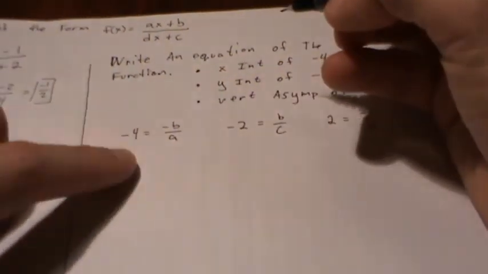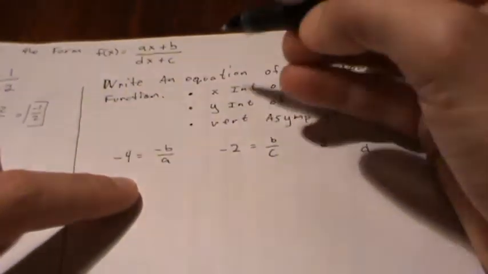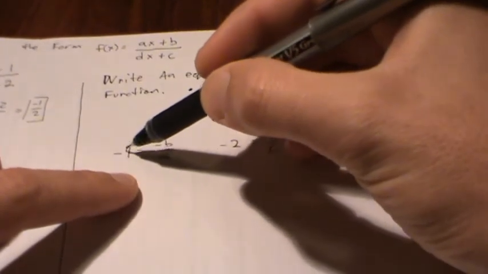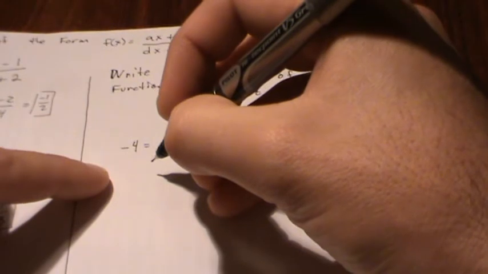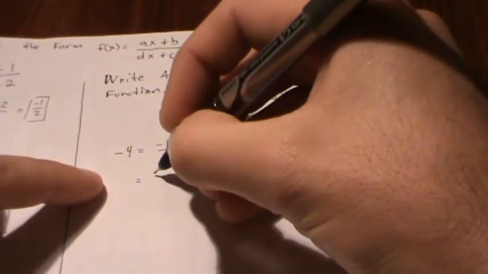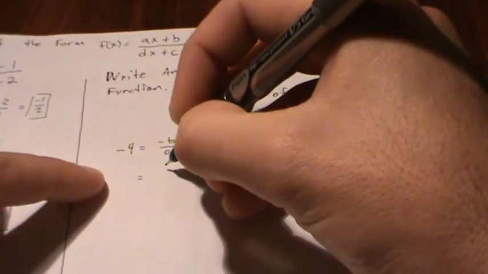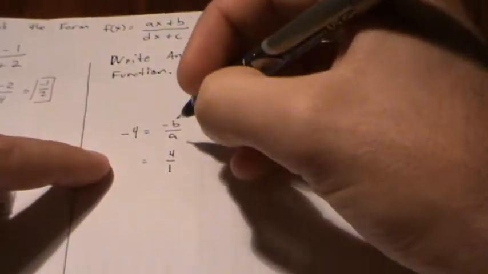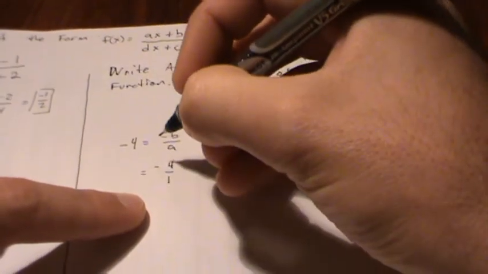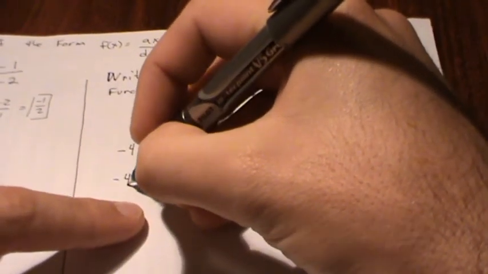I'll just start with this one. The way to make this a negative 4, I'm going to have to write 4 as 4 over 1, and then if I make it negative, it's a negative 4.